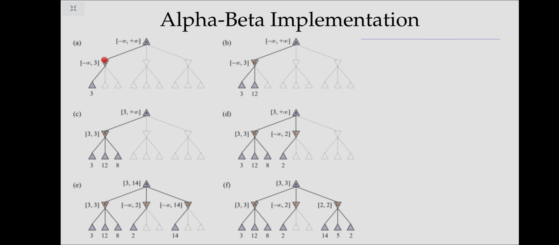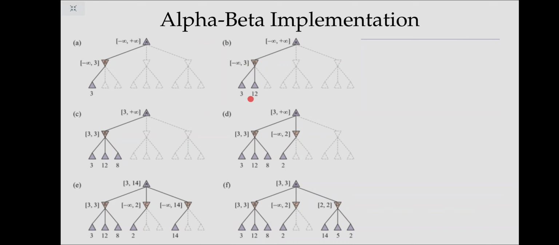It checks the leftmost child, which is terminal node 3. 3 is less than positive infinity. Because of that, it updates the upper bound to 3 and checks the next child.